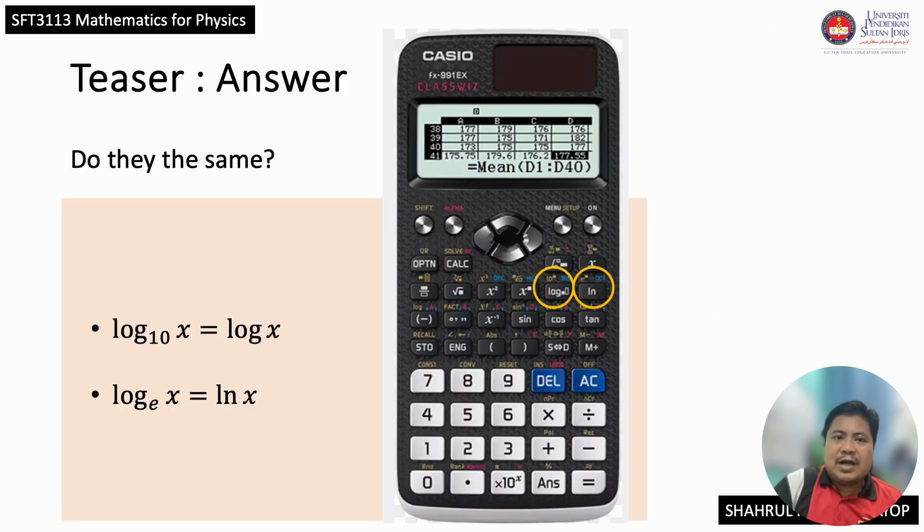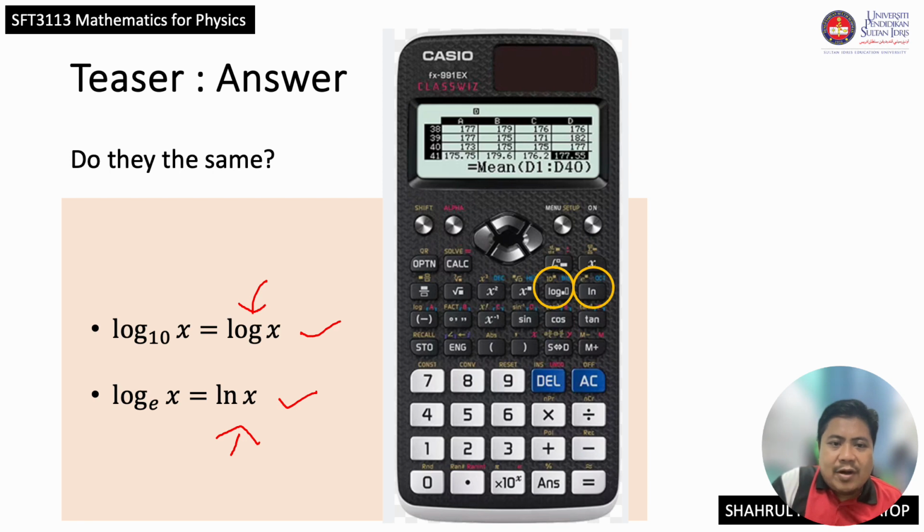Back to our initial teaser: are they the same? These are the same, this is the pair, and this is also the same. It is important for you to recognize how to calculate the common logarithm and the natural logarithm.